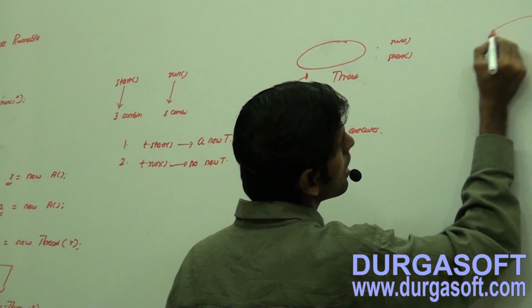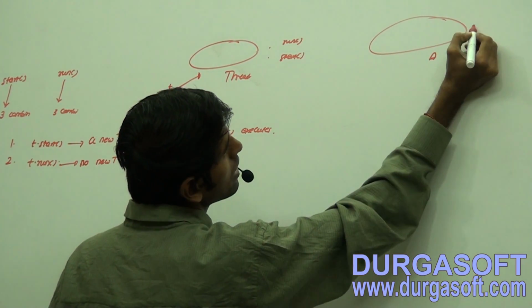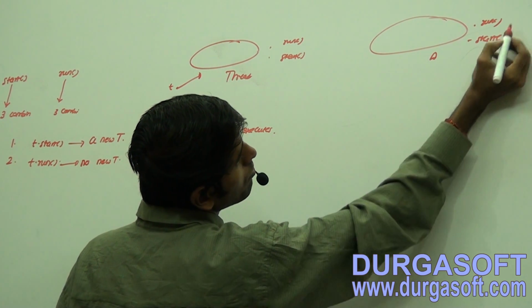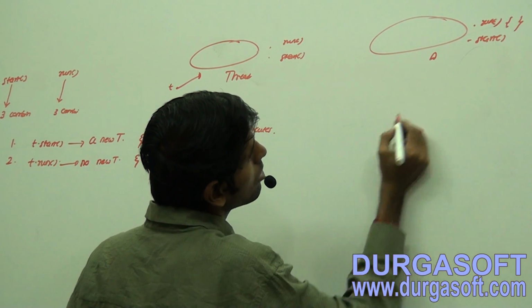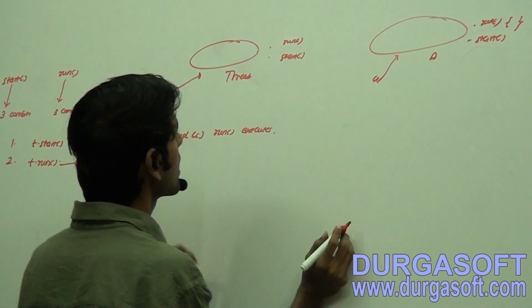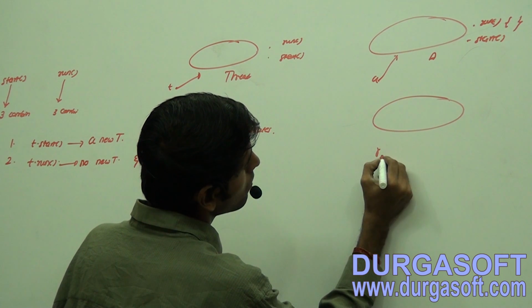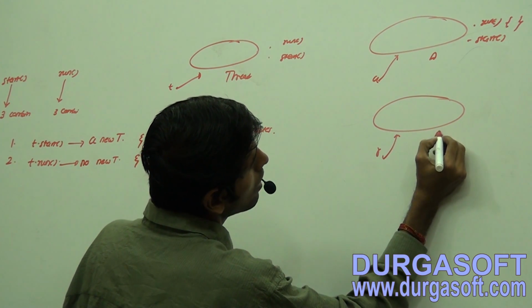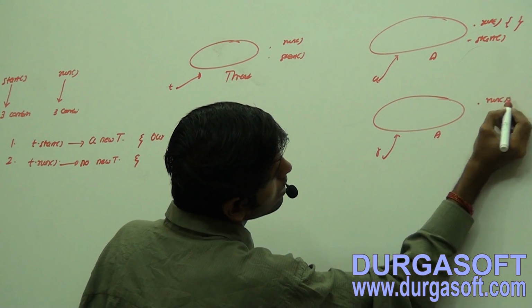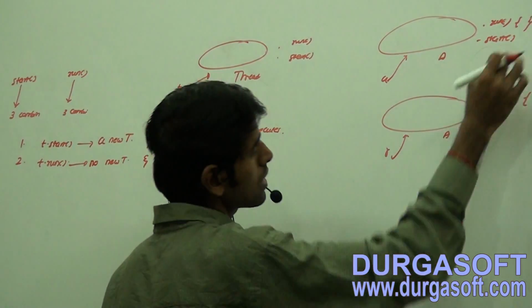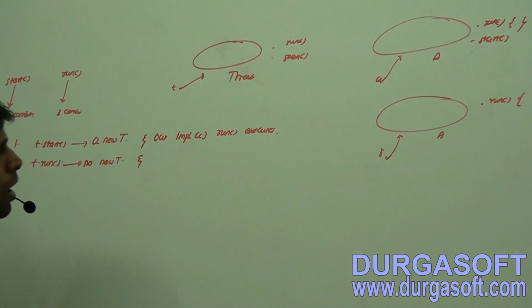And what is the other one? A type, with its run method and the parent class start method, referred to by A. The other one is the same thing, having another instance, referred to by R. It has the run implementation as R run, and SOP of R run.